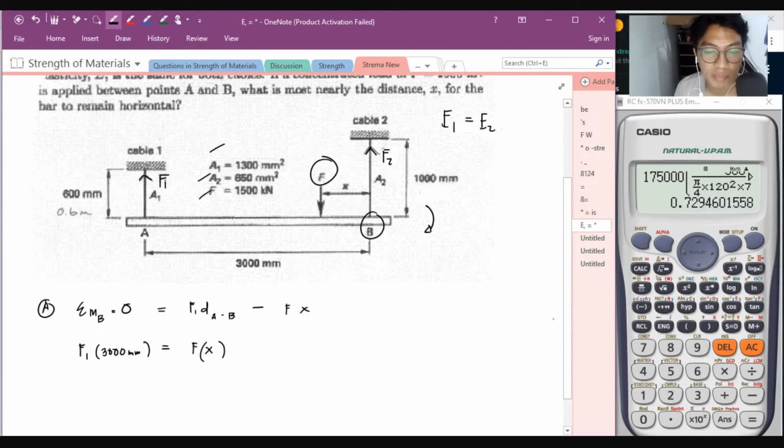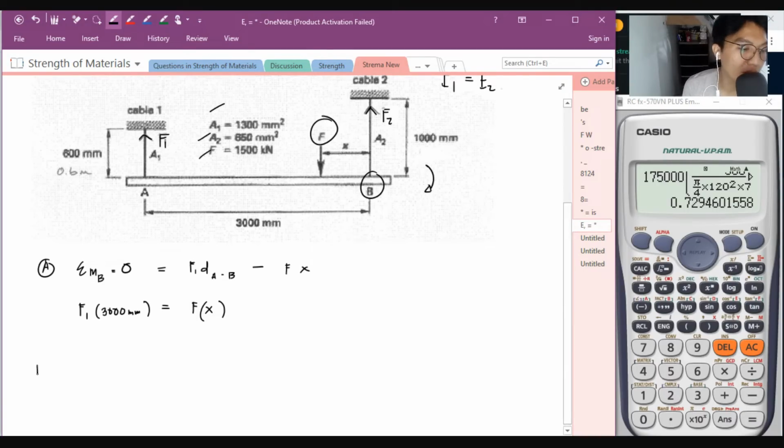Okay? Ayan. Gawa tayo. What if mag-summation of forces ako at Y equal to 0? Lahat ng pataas, ilan ang pababa? So, pataas ito, positive. Makakabuo ko dito, F1 plus F2 is equal to F. Yan lang kadali yun.